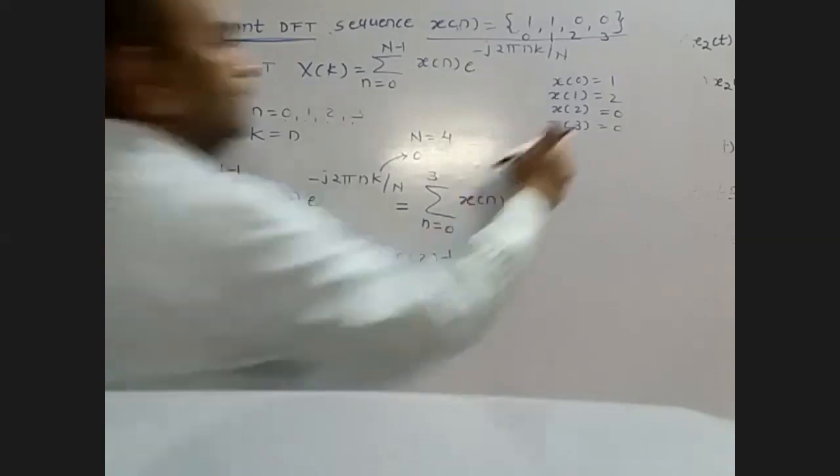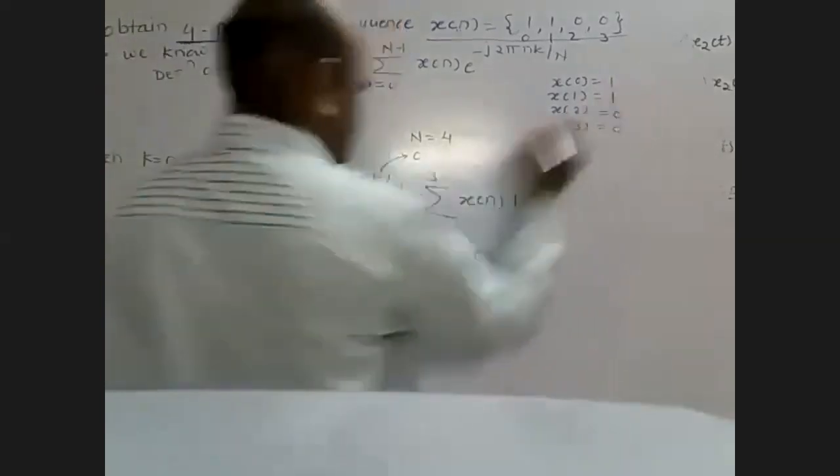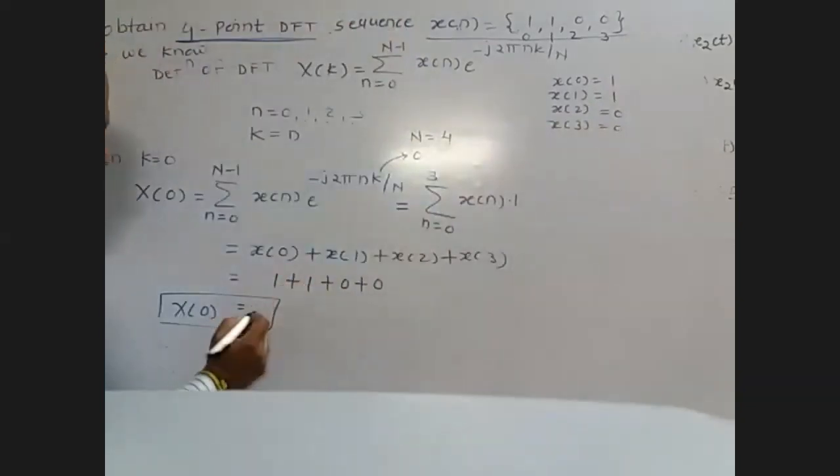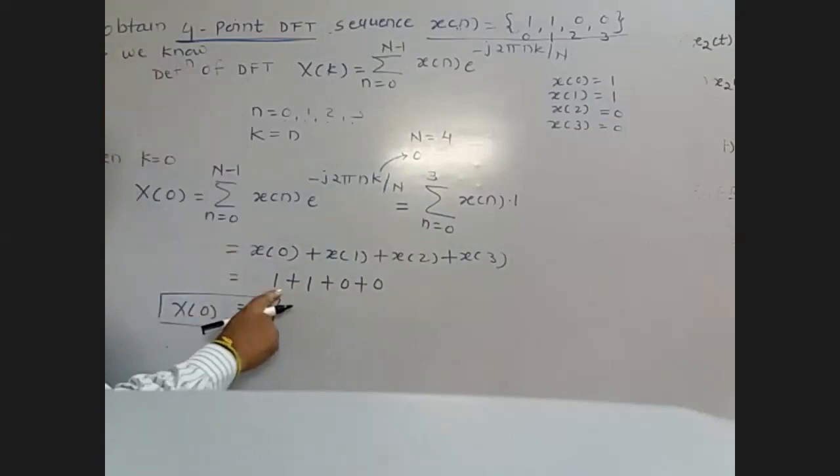Sorry, here it is 1. So 1 plus 1 is 2. Hope you got this. X of 0 is 2.